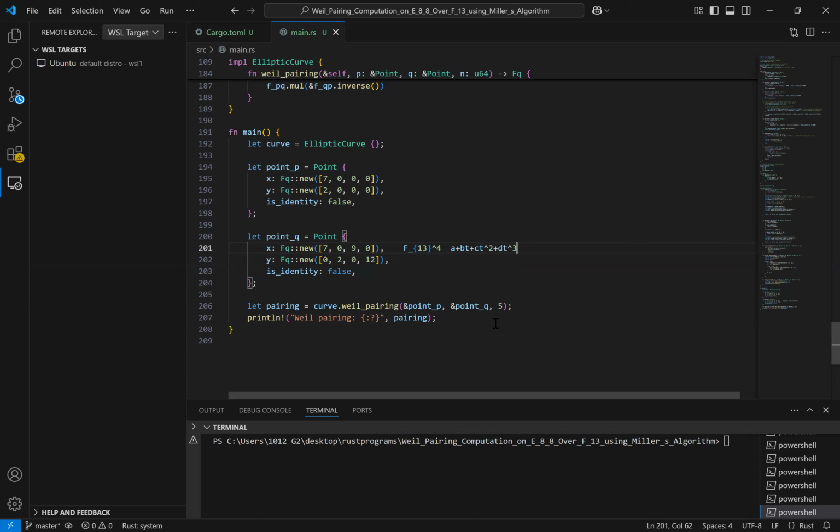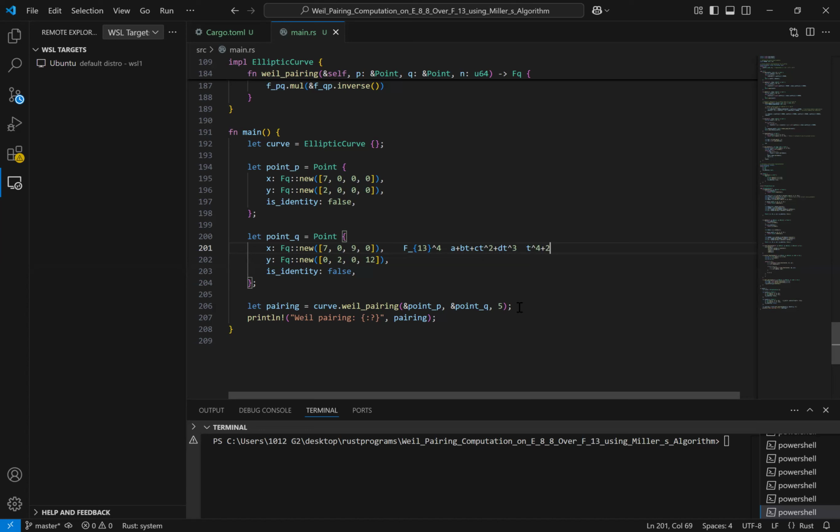Because any power of t more than 3 would be reduced, since the polynomial that I'm using here is of degree 4. The polynomial is t raised to 4 plus 2, and I'm doing it mod 13.